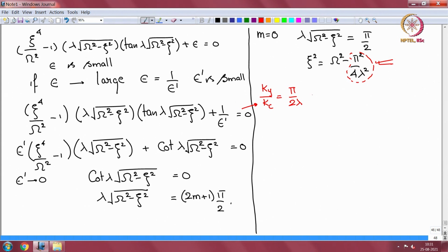So, now what is this, which implies ky by kc pi by 2 lambda is kca, so this goes with that. So, ky is equal to pi by 2a, which is twice pi by lambda y, which means lambda y is equal to 4a.